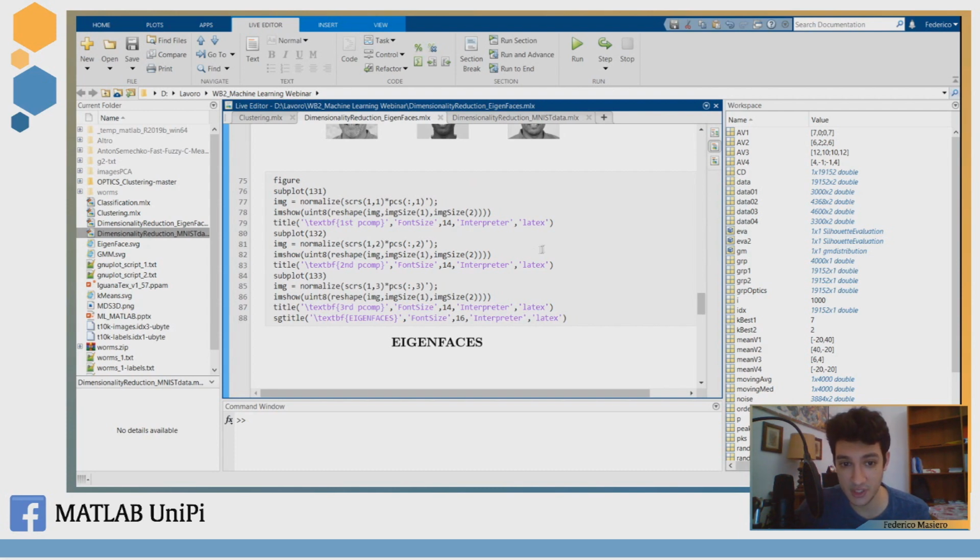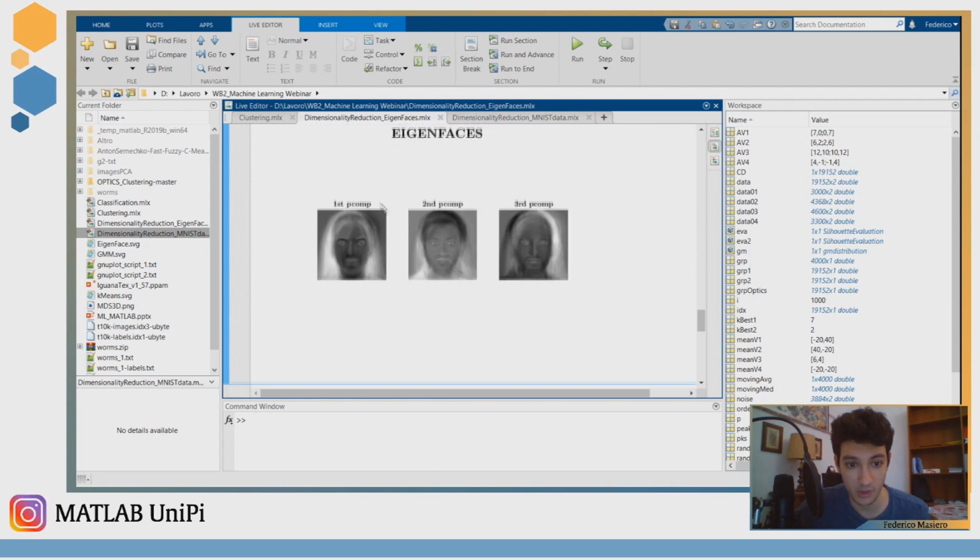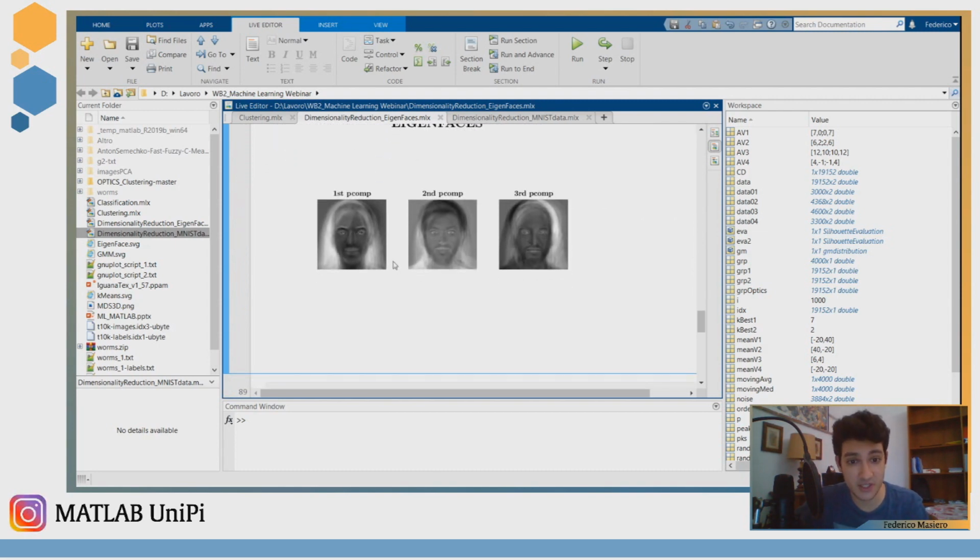It is interesting because these faces, these eigenfaces, these eigenvectors are, for sure, affected by the kinds of images that you plug in.